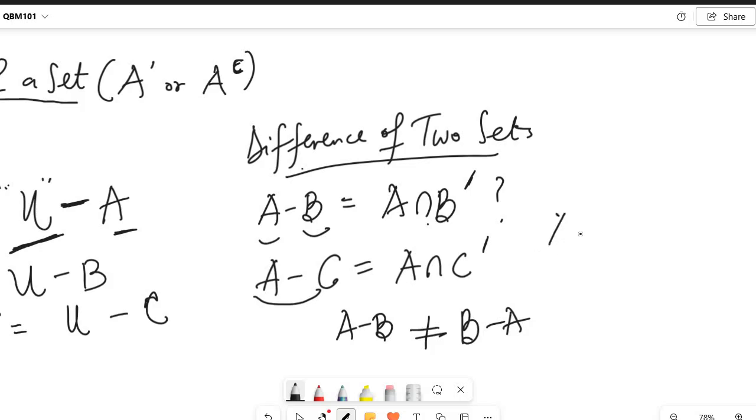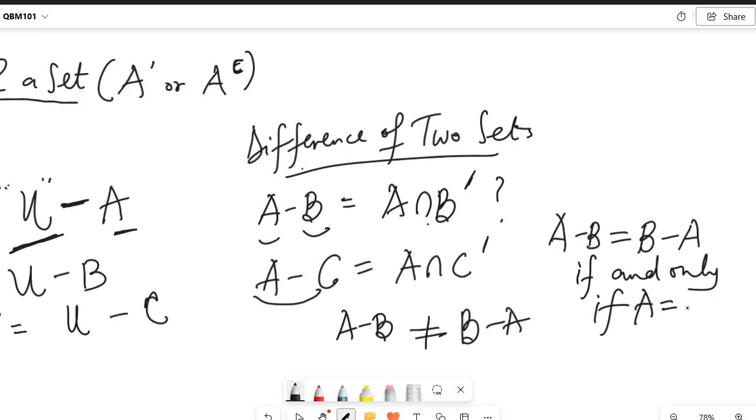Let's assume that A minus B is actually equal to B minus A. This will only occur if and only if A is equal to B, which will give us an empty set. So the only time the difference of two sets is commutative is when the two sets are equal. If you check my lessons on numbers, where we discuss mastering basic algebra, you would understand what commutativity means.